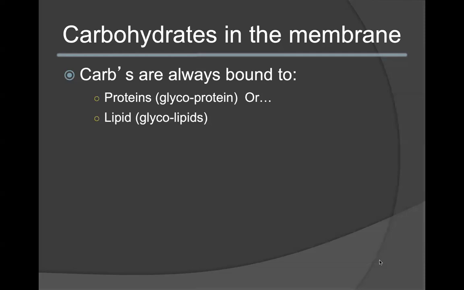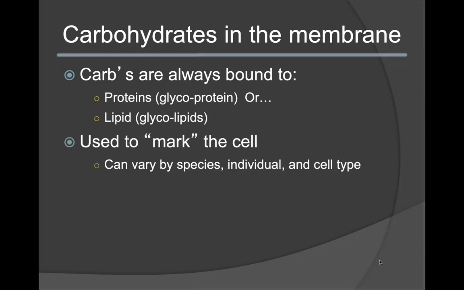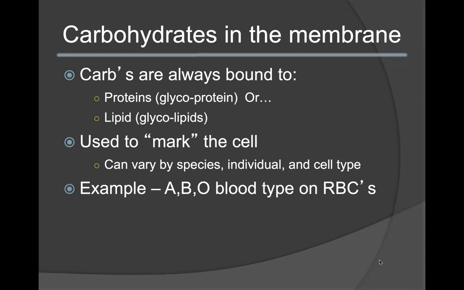Keep in mind that there are many different carbohydrates in the membrane as well. However, these carbs are always going to be bound to either a protein or a lipid, forming a glycoprotein or glycolipid respectively. These carbohydrates are extremely important in marking the cell. These carbohydrate chains can vary and actually tell between species, individuals, or even cell types.